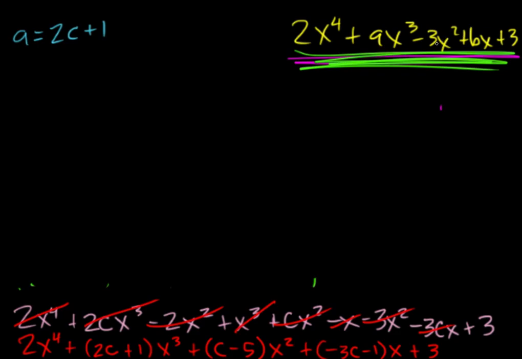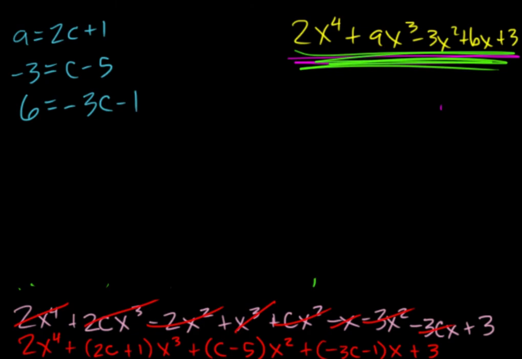And we can also see that negative 3 is equal to c minus 5. And we can also see that 6 is equal to negative 3c minus 1. Okay, and I think that's all we need.